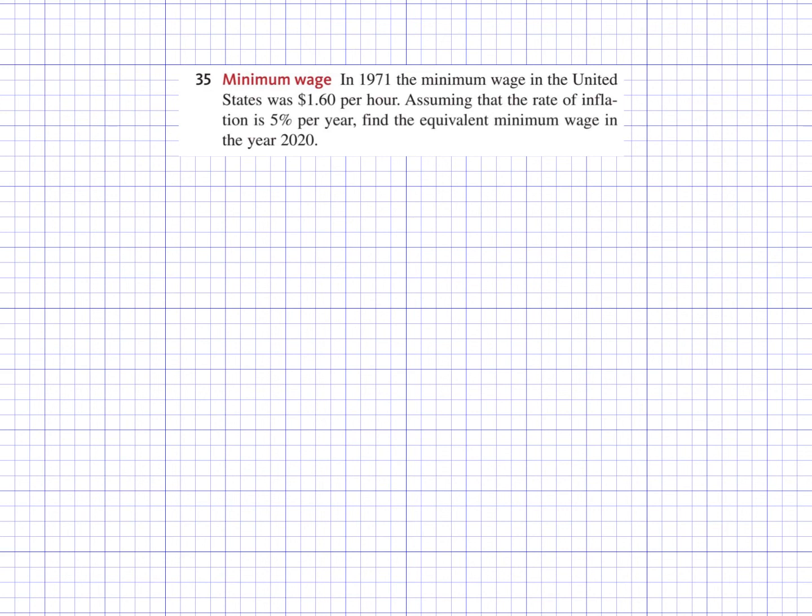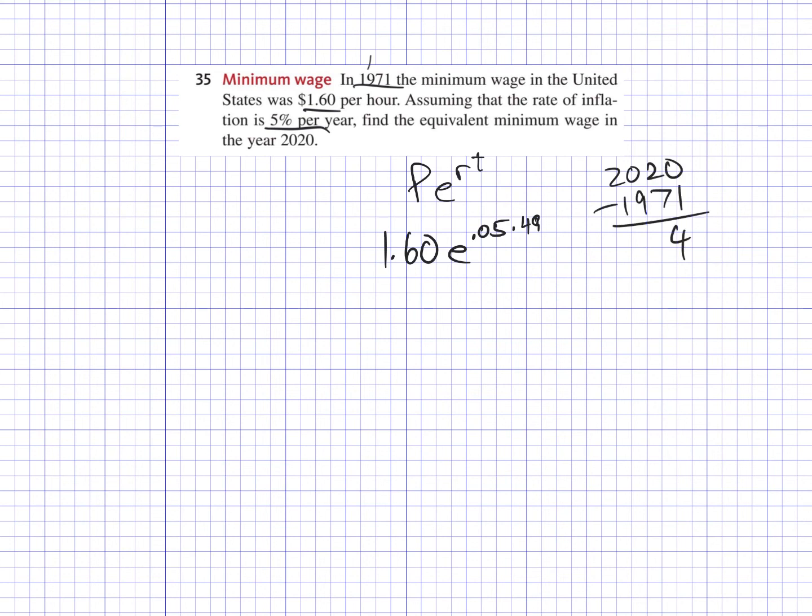Minimum wage, you're all interested in minimum wage. So in 1971, the minimum wage was $1.60. Assuming that the rate of inflation is 5% per year, find the equivalent minimum wage in the year 2020. Again, this is going to be a PERT problem. They use different letters for this, but it's the same thing. We're starting at $1.60, and we're going to raise it to the rate 0.05, and the years would be 49. 2020 minus 1971 is 49 years.